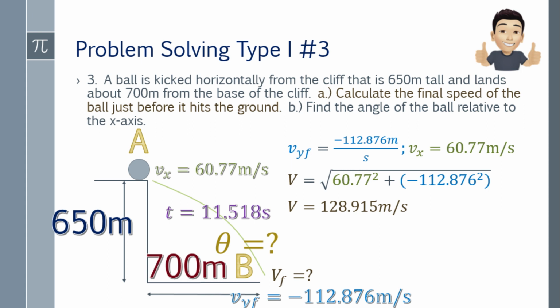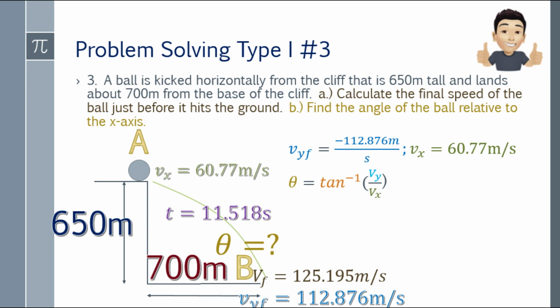Yung lalabas dyan na answer, that will be 128.915 meters per second. We're looking for speed, so kunin lang natin yung positive answer. The positive naman siya, so that will be 128.915 meters per second. Yung speed ng ball just before it hits the ground.